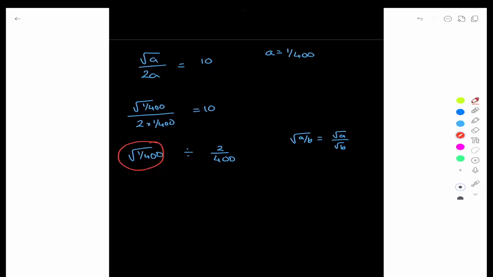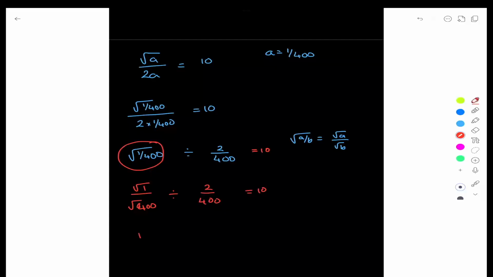So we can do that for this part. That would just be root 1 on root 400. And then we still have this divide 2 on 400. And remember, we want to know if this equals 10.